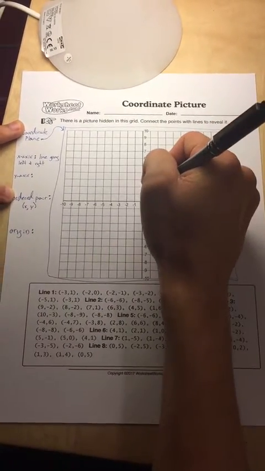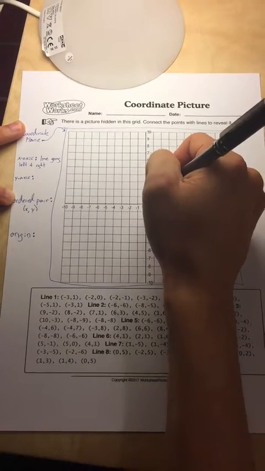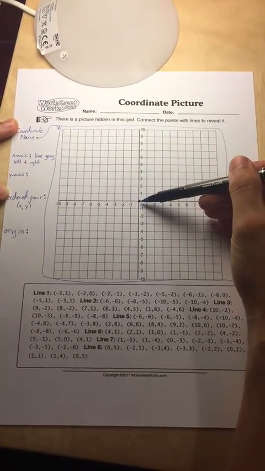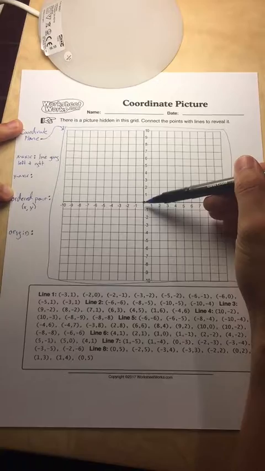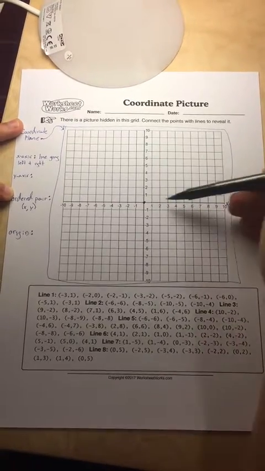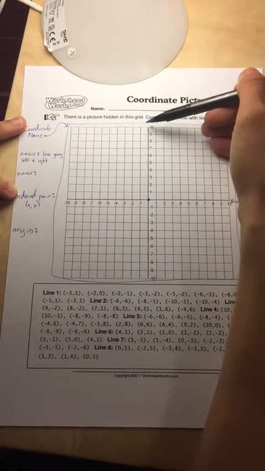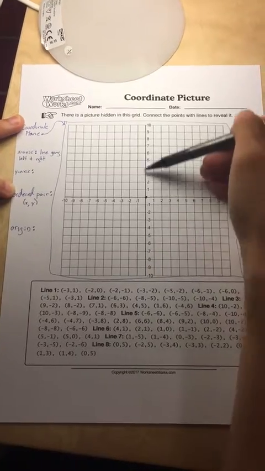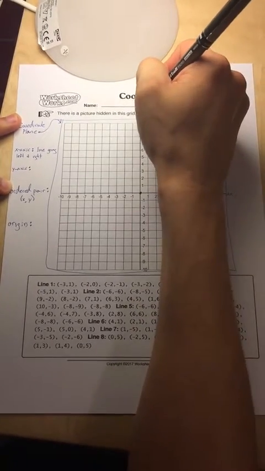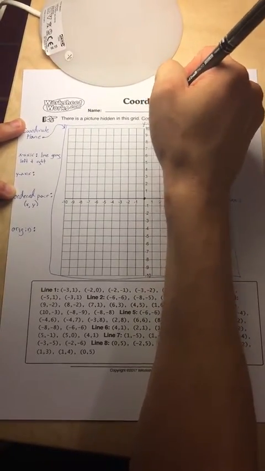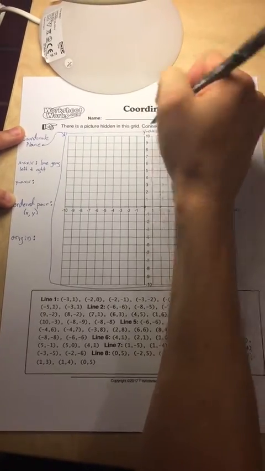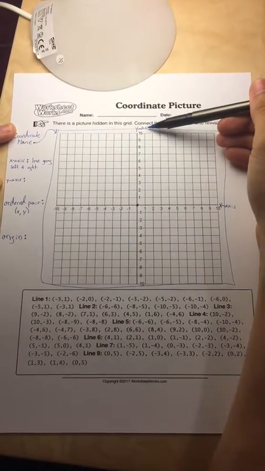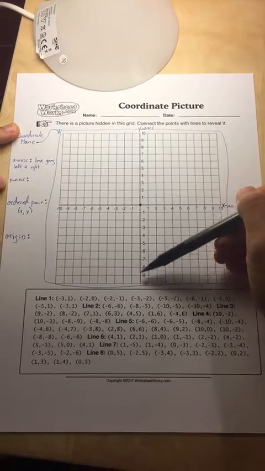Well, let's just go ahead and do it now. Here's the origin. The origin is in the very center of a graph, okay? It's where your x-axis and your y-axis meet. The y-axis goes up and down, so I'll write that one. Y-axis is your vertical line.